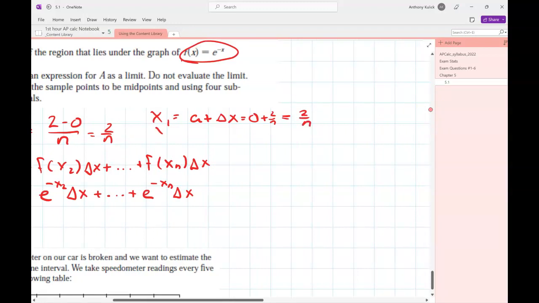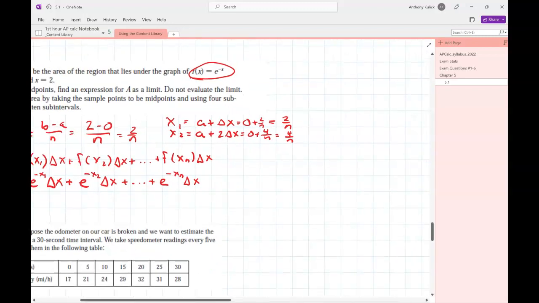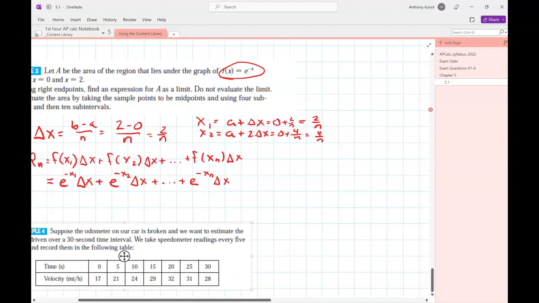What's x2 equal? A plus 2 delta x's, so 0 plus 4 over n. And at this point, do you see the pattern? What's x3 going to be? 6 over n. Everybody happy?